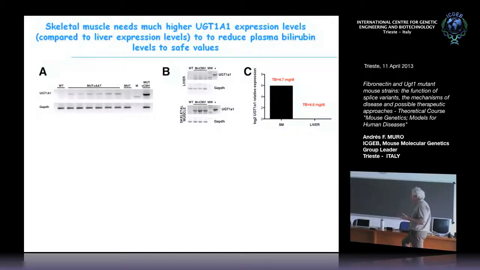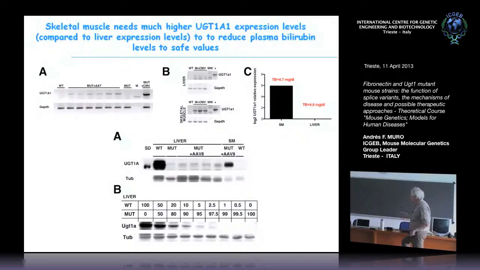And even so, the amount of bilirubin in blood was comparable, which leads to the conclusion that the liver seems to be more efficient than the muscle, even with a lower amount. With just a semi-quantitative analysis, we could see that about 5% of activity in the liver is enough to arrive at these life-compatible levels of bilirubin.